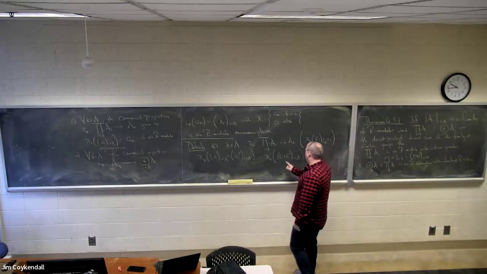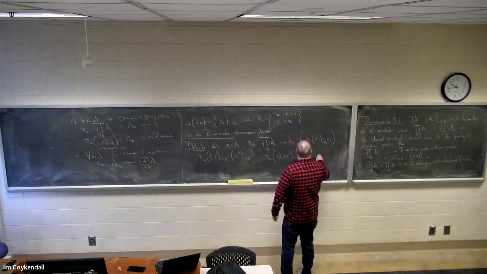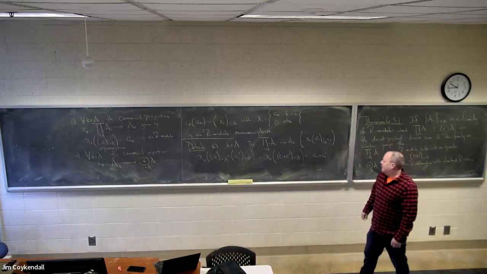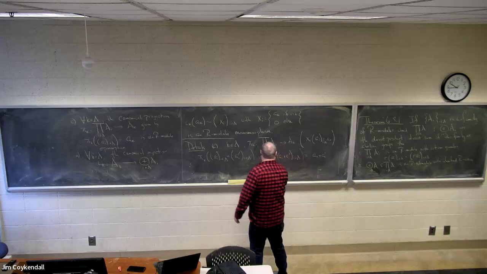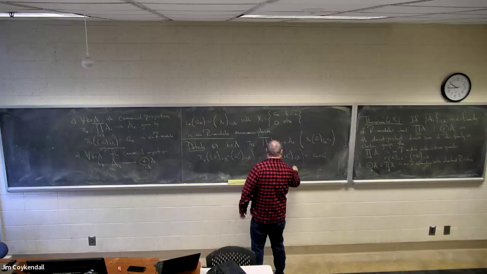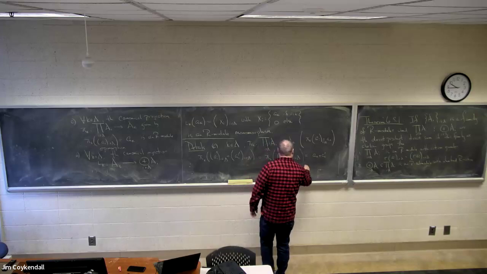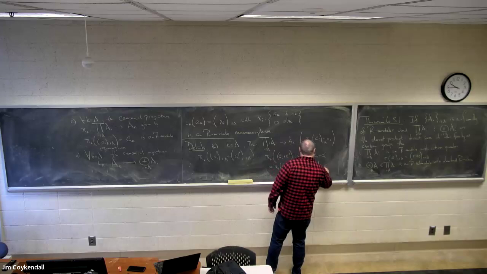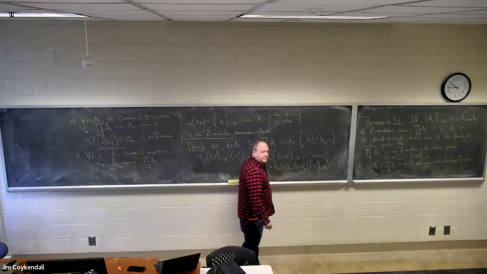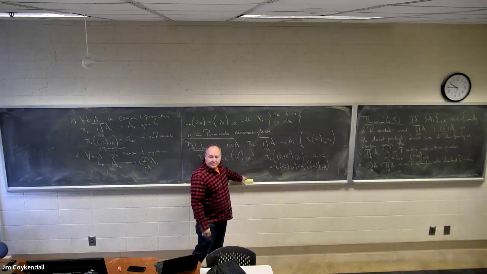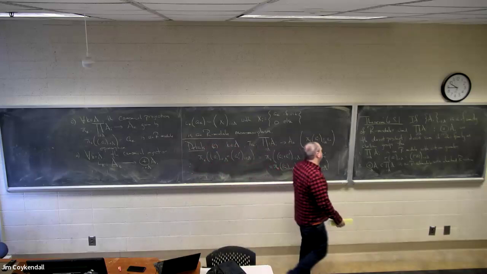And just by definition, this is AK plus AK prime, or A prime K, which is equal to pi K AI, or pi K AM. Okay, so I'll verify that this is an abelian group, right?